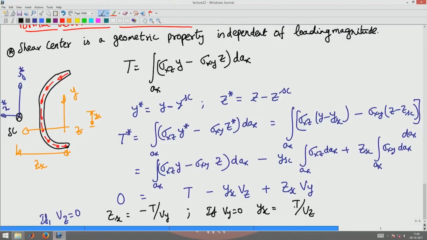So basically you find a torsional moment due to these stresses. Now let us ponder a little bit more on why sigma xy does not produce any torsional moment in this case.